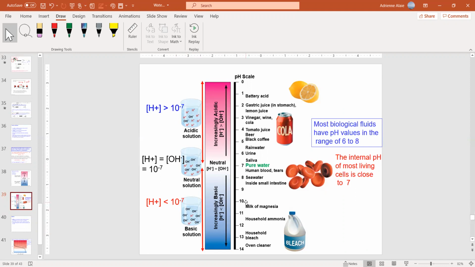So a pH of 10 is a basic solution, and it's got more OH minuses than H plus in solution. And then if we're looking at an acidic solution, this is where the concentration of protons is greater than 10 to the negative 7. The concentration of protons is greater than OH minus, right?